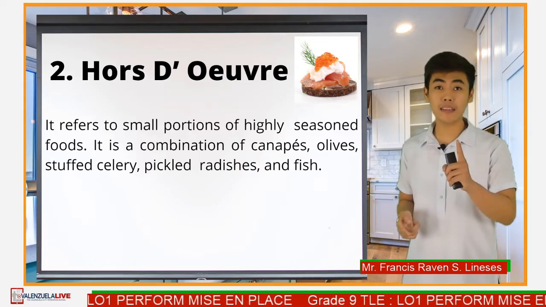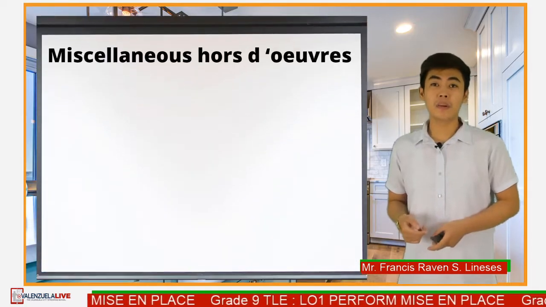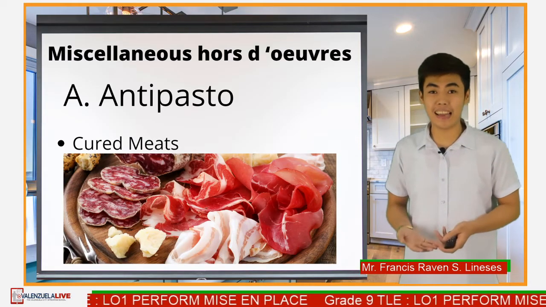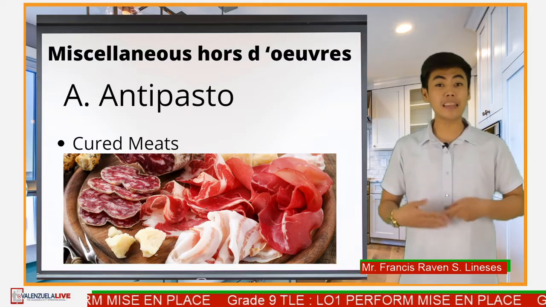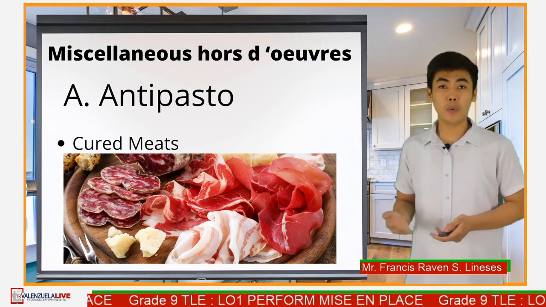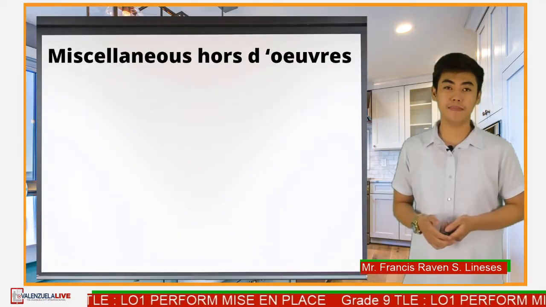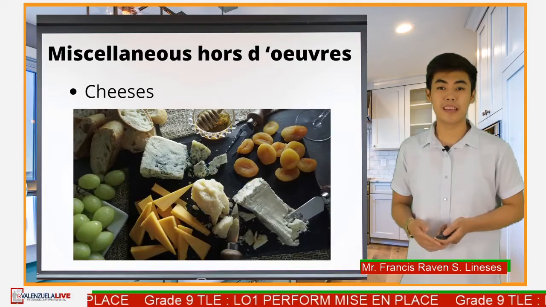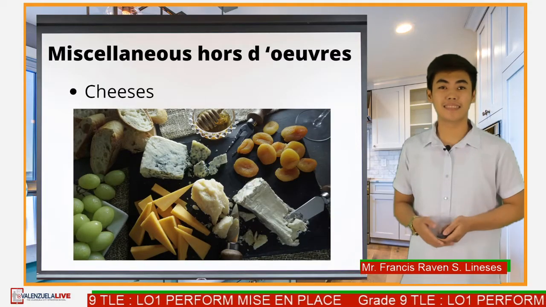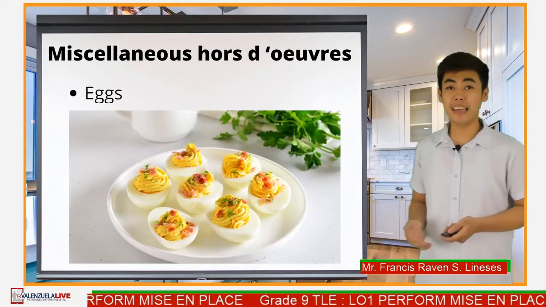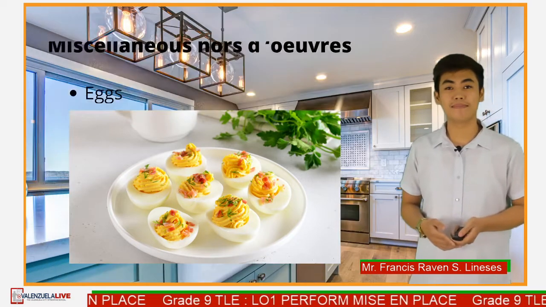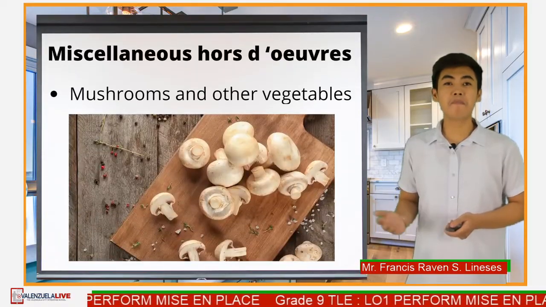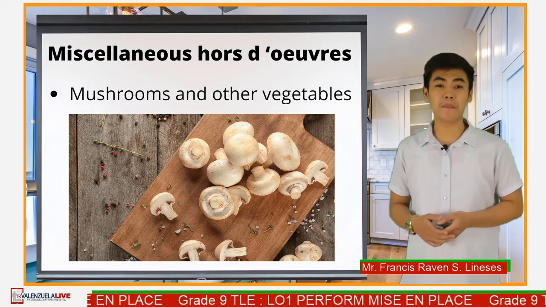Okay, so number one, or letter A, we have the antipasto. Antipasto is an Italian appetizer, and it includes the following: cured meats, seafoods, cheeses, eggs, relishes, mushrooms, and other vegetables.